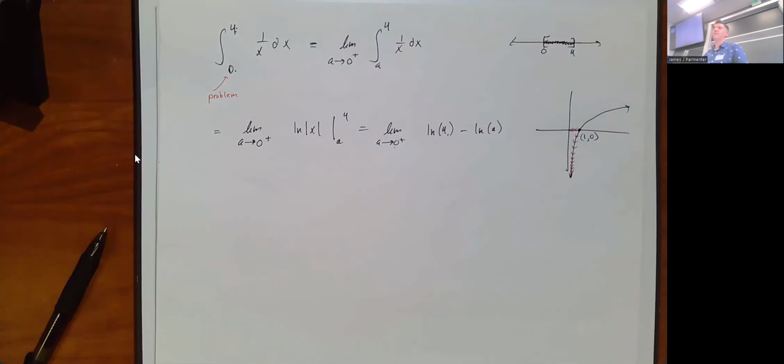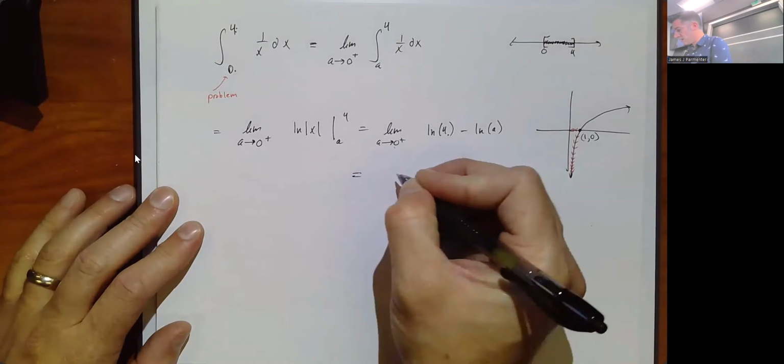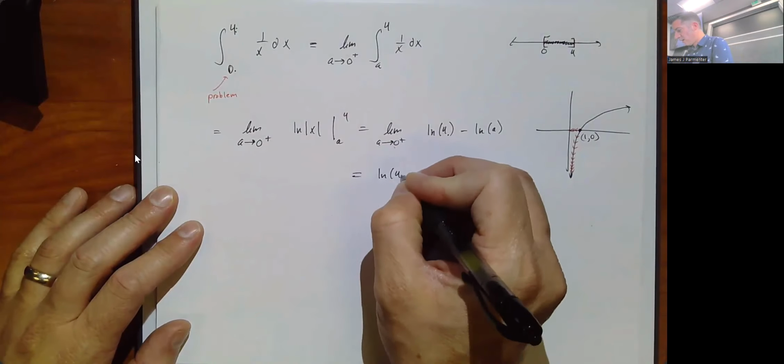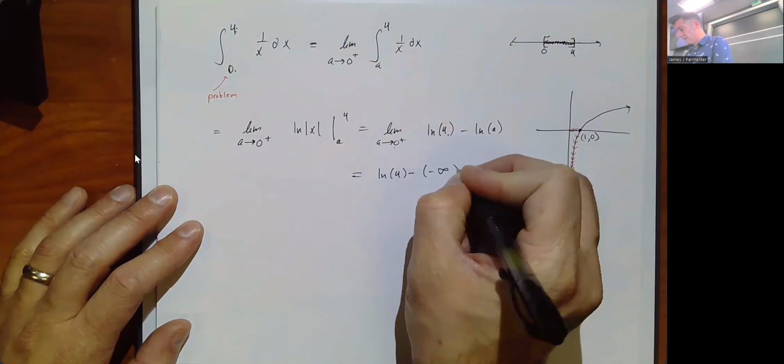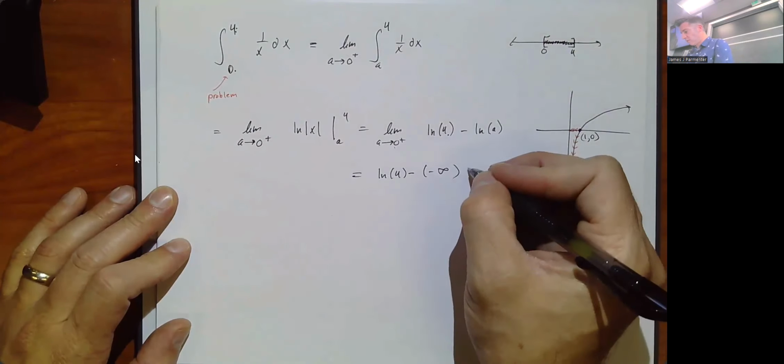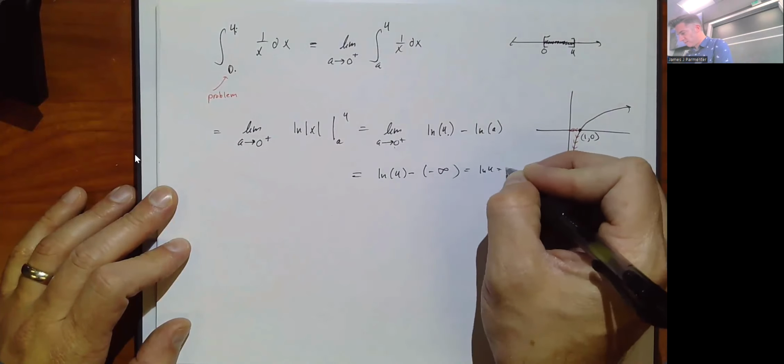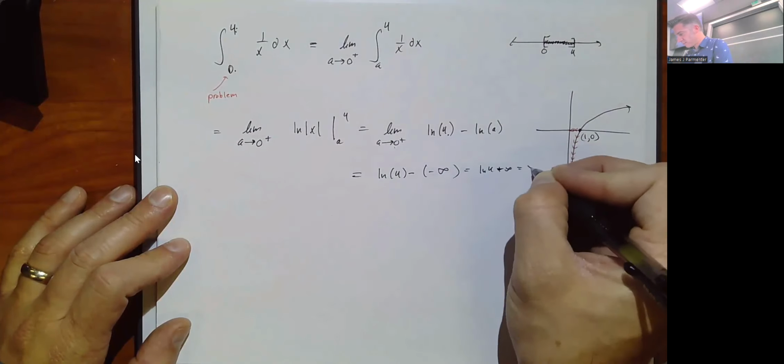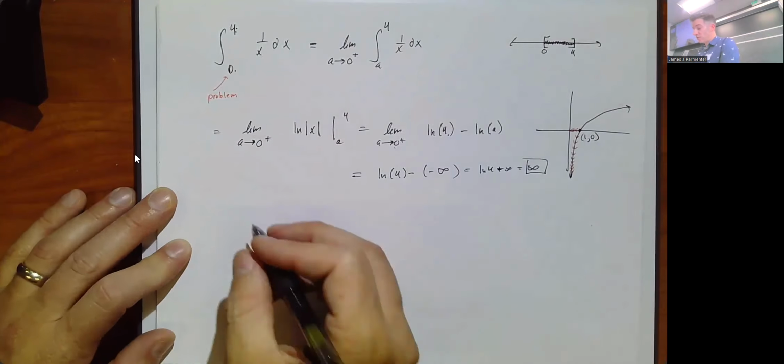Yeah, down, down, down, down to negative infinity. This one also diverges. It's going to be equal to the natural log of 4 minus negative infinity, which is the natural log of 4 plus infinity, which is infinity. So this one also diverges.